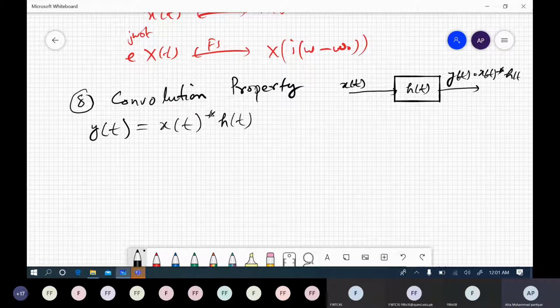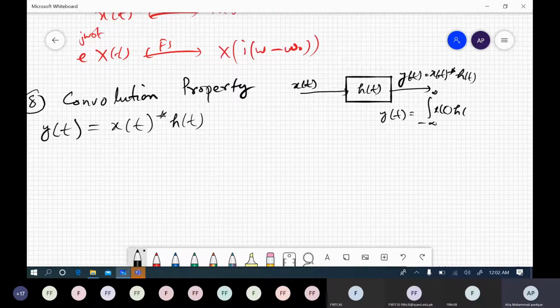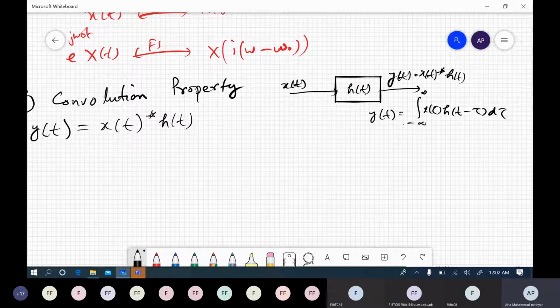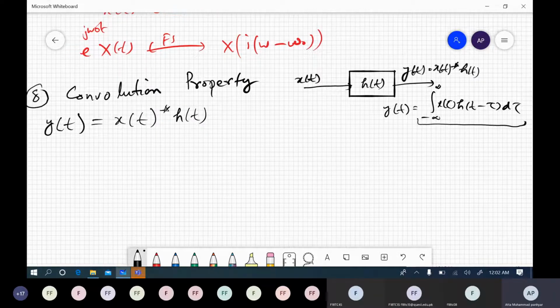Now this y of t is equal to the integral from minus infinity to infinity of x of tau h of t minus tau d tau. This is the convolution integral for continuous time signals, so we are going to use it.